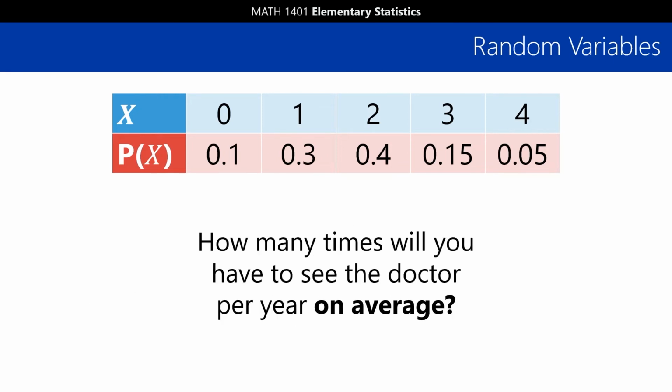Many of the summary statistics we talked about with datasets can also be calculated for probability distributions. For example, suppose we wanted to know how many times we can be expected to see the doctor on average in a given year. So that means we need to find a mean, also sometimes called an expected value in this case.